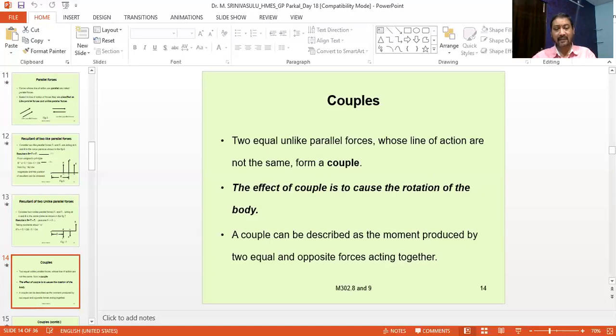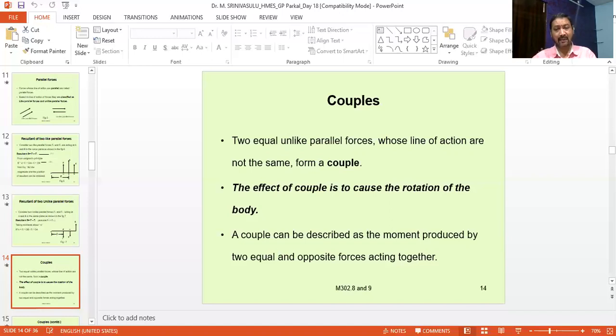The main effect of the couple is to produce the turning effect. However, here the forces are equal and parallel, equal in magnitude, will act in the opposite direction and will be separated by some distance.